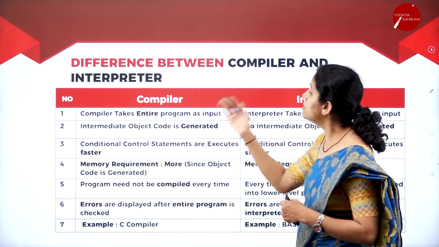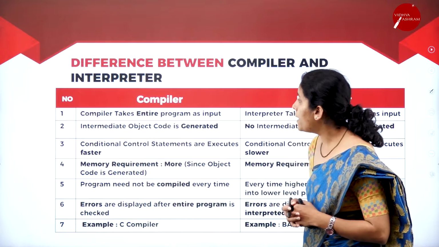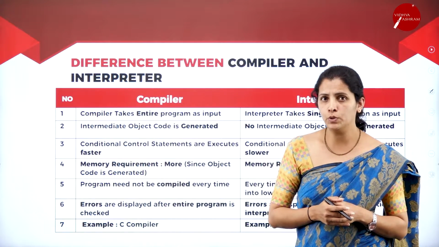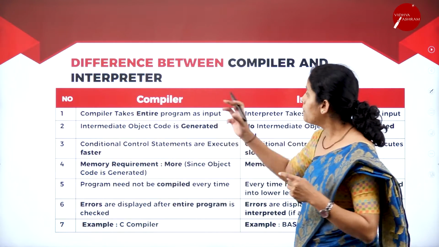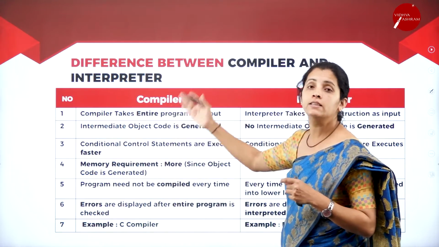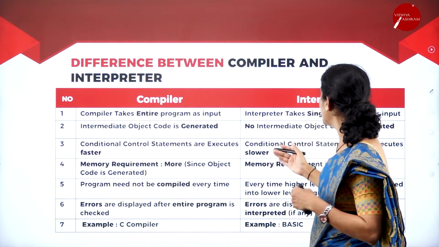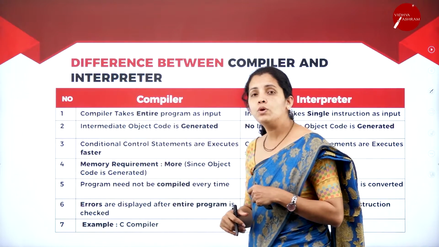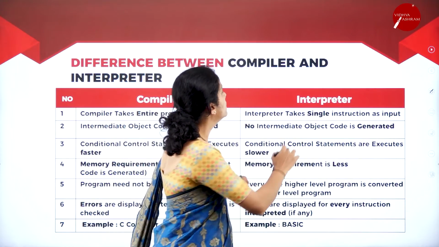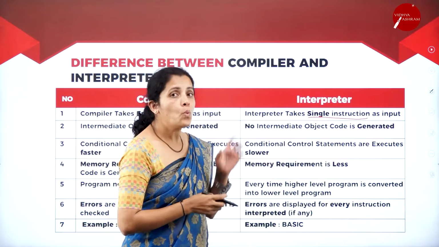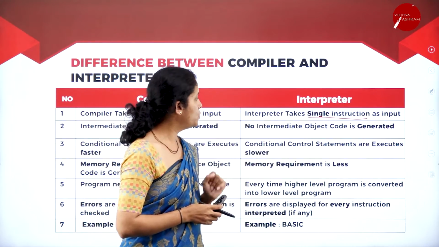Now what is my first difference here? The compiler takes the entire program as input. That means the compiler considers the whole program as its input. And if I take the interpreter, it considers a single instruction, or one line, as input.